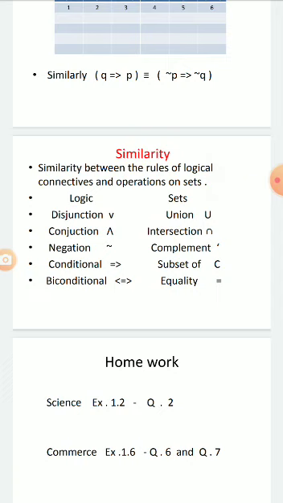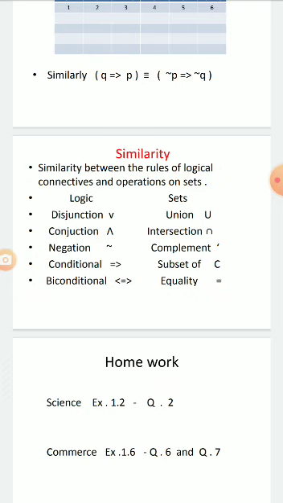And for sets also we have 5 operations: union, intersection, complement, subset, and equality. So they are analogous; corresponding to every logical connective we get an operation on sets. Disjunction is similar to union, conjunction is similar to intersection, negation is similar to complement, conditional is similar to subset, and biconditional is similar to equality.